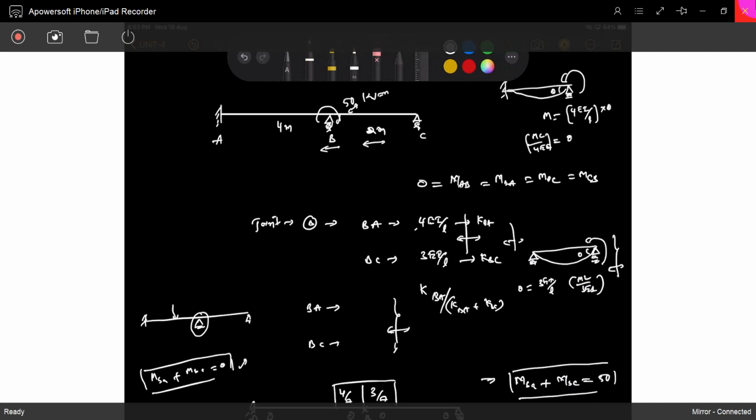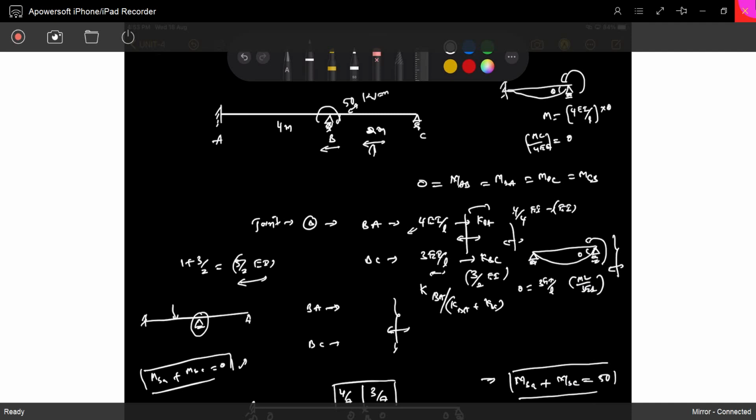The stiffness is 4EI by L: 4 by 4, that is EI. The other has 3 by 2 EI, since the length is 2. So the total stiffness is 1 plus 3 by 2, that is 5 by 2 EI.